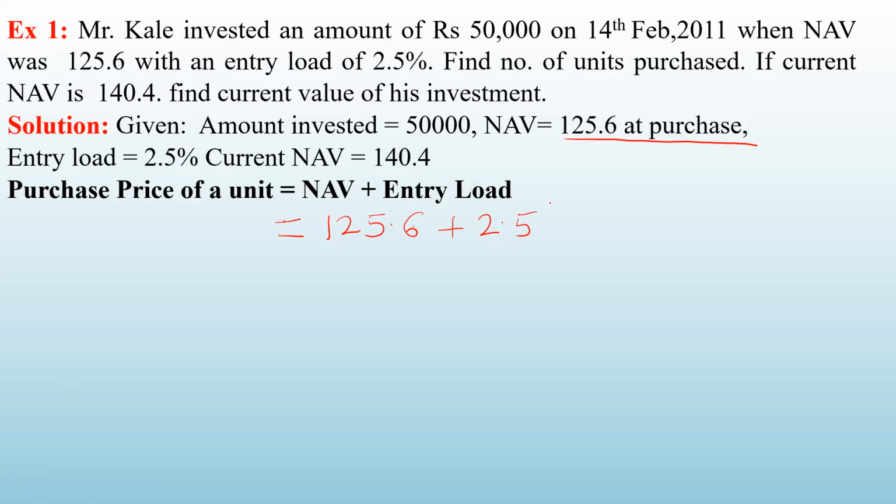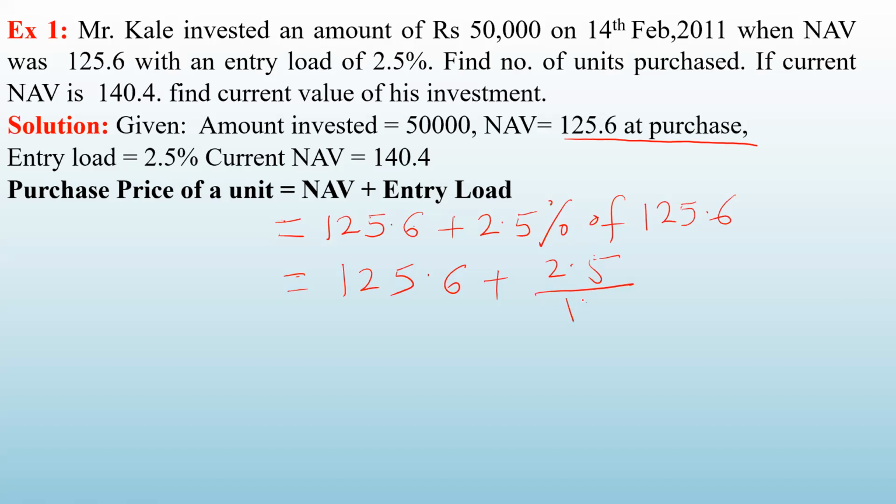It is not 2.5, it is 2.5% of NAV, because as I told you, entry load and exit load are always expressed as a percentage of NAV. So 2.5% of NAV, NAV is 125.6. So it is 125.6 plus 2.5% of 125.6.